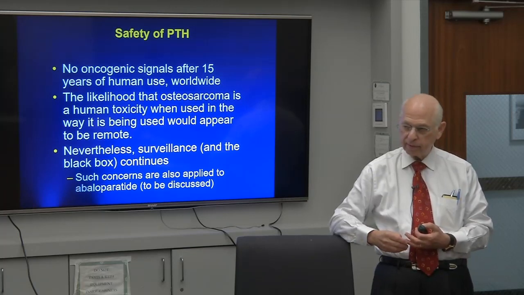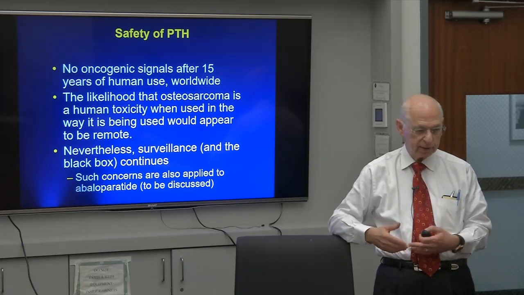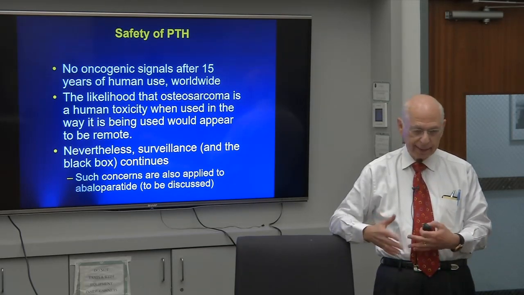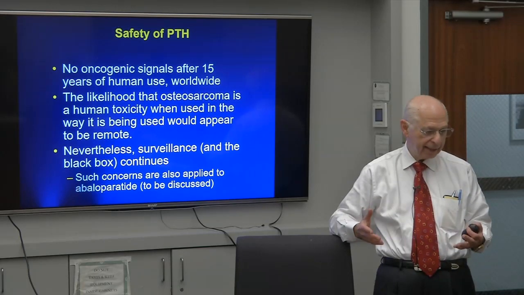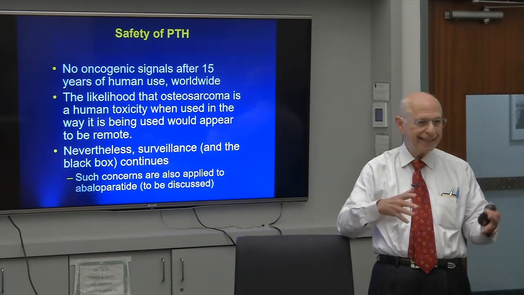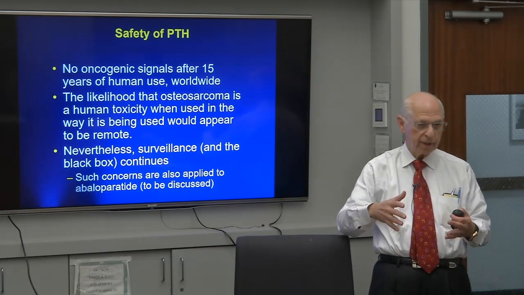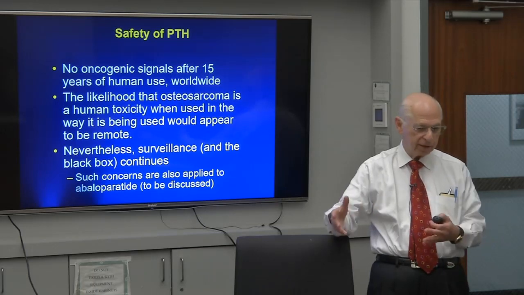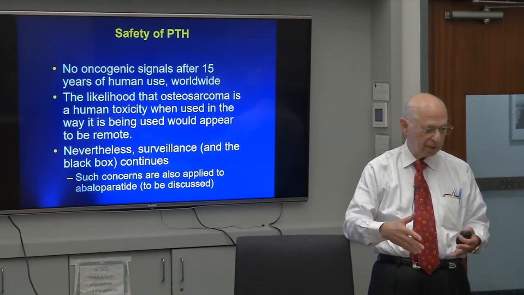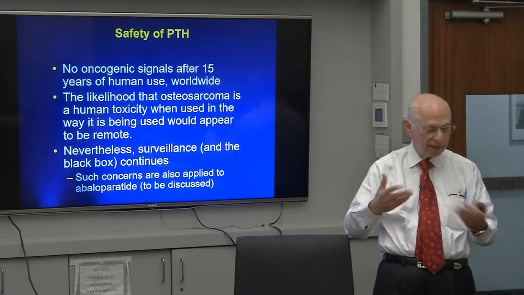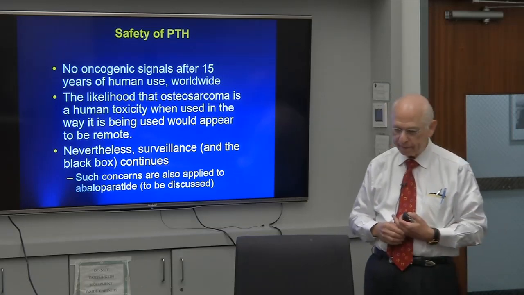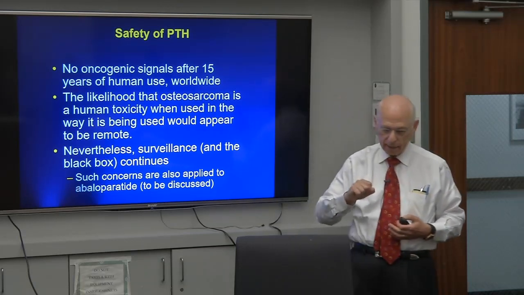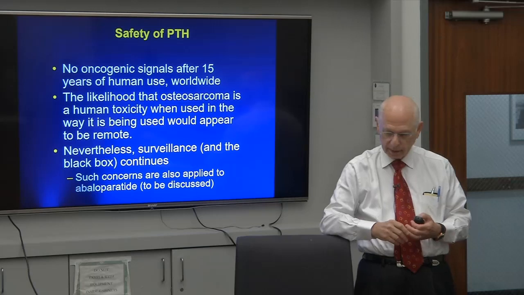If you know the incidence of osteosarcoma in the adult population, it's like 1 in 250,000. So statistically, there should be, at random, at least 8 to 10 cases coincidentally observed among a cohort of 2 million people, whether they got drug or not. But we're seeing fewer, not even the same as you would expect, just random alone. And there are other points that make it problematical as to whether we are dealing with a linkage here.